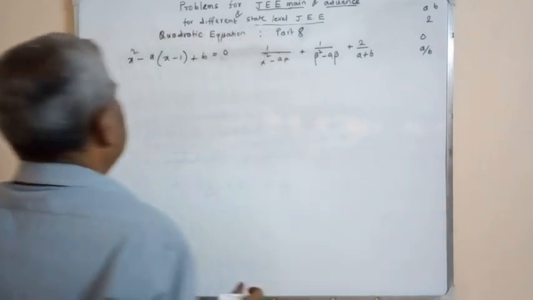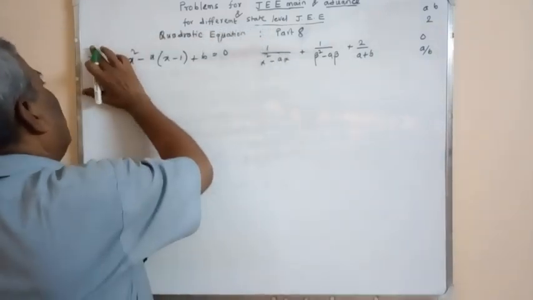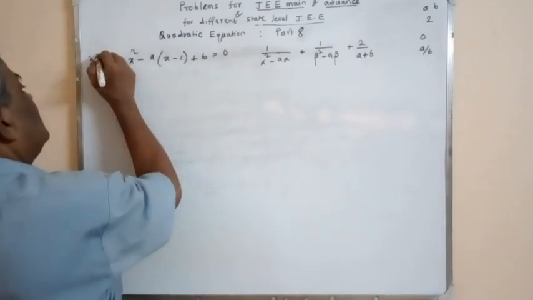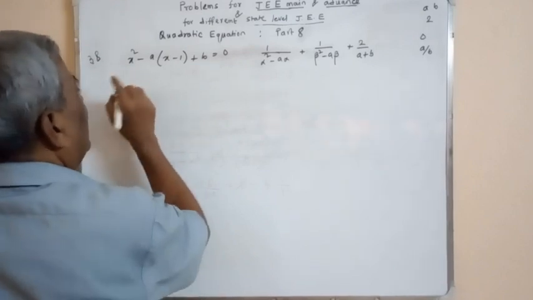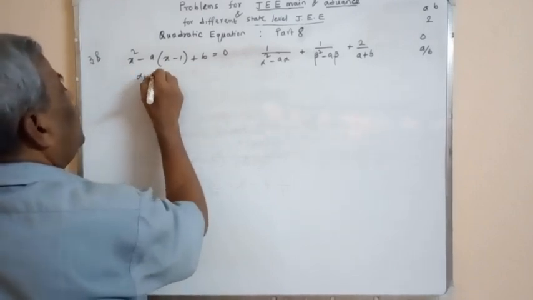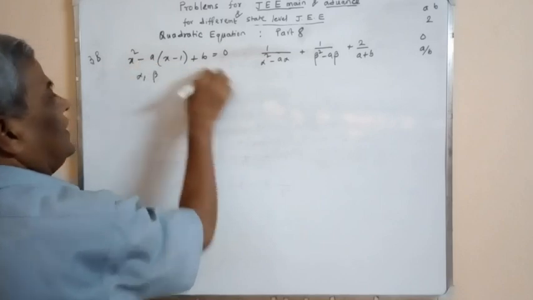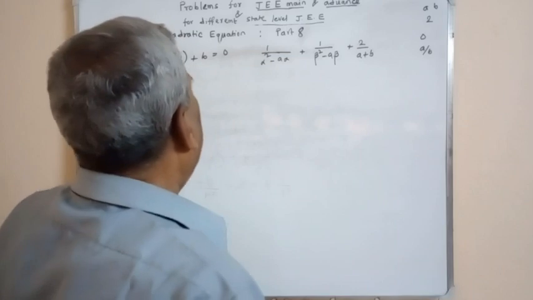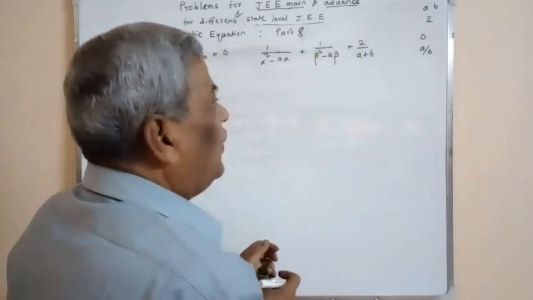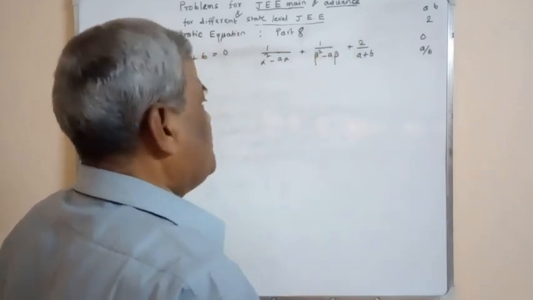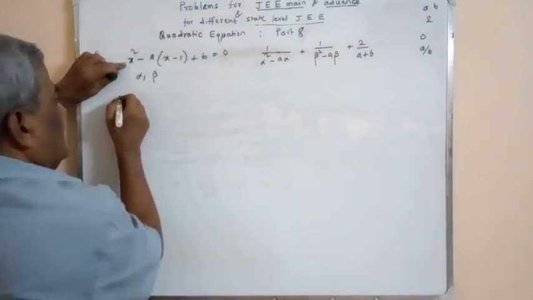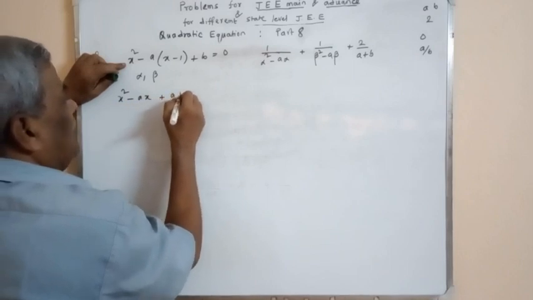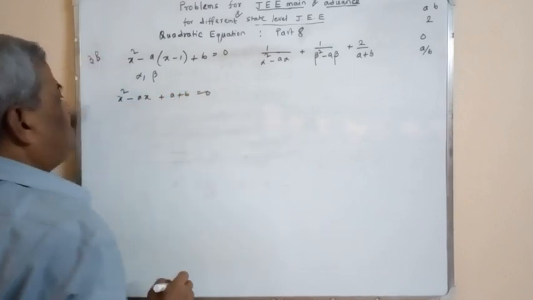In this case, the problem is, it is problem number, I think it is 38, right? It is 38. If alpha, beta are roots of this equation, and then to find the value of that, and options are in terms of a and b, that is coefficients. Now the equation is x square minus ax plus a plus b is equal to 0.